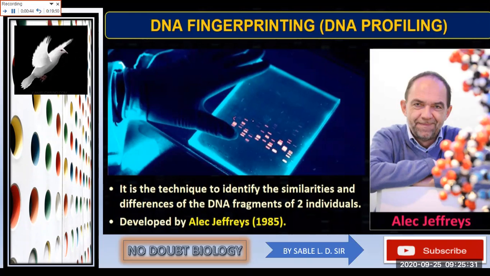Okay, so we have to study the differences of the DNA fragments of individuals. This DNA fingerprinting analysis was first discovered by the scientist Alec Jeffreys in the year 1985. This is the photograph of Alec Jeffreys, who made the most contribution to the DNA fingerprinting technique.